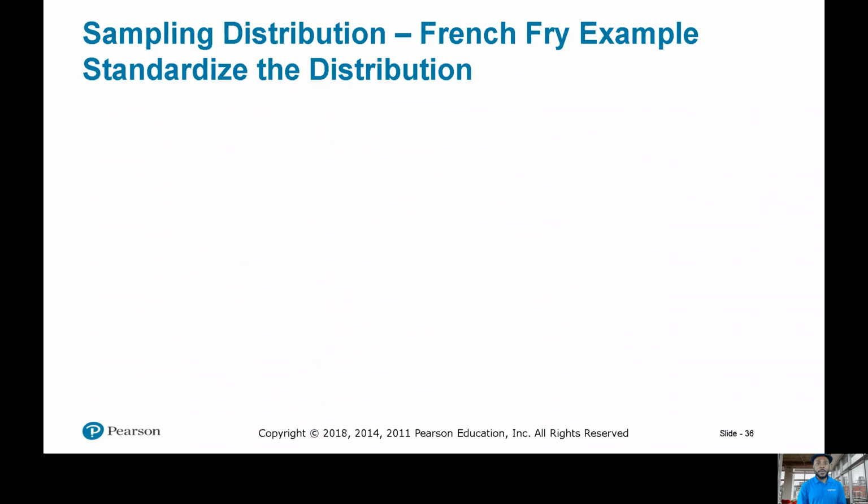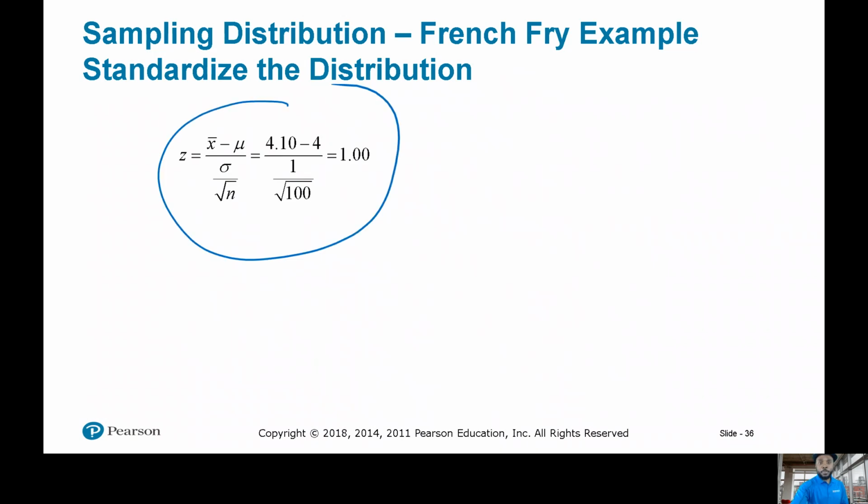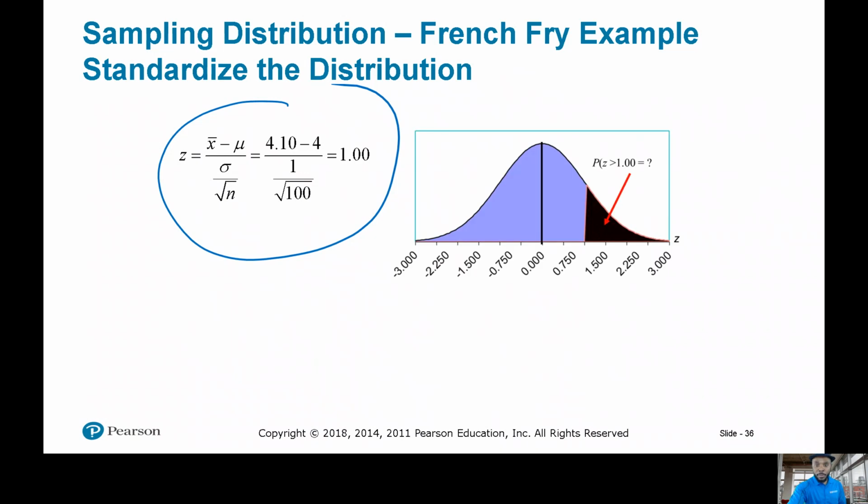So looking at this now, let's find our z. So our z is 1.0. So basically the value is one standard deviation away from the mean. Now let's draw this. Let's look at what we're interested in. The area that we're interested in is the area shaded black. So this is the probability that z is greater than 1.